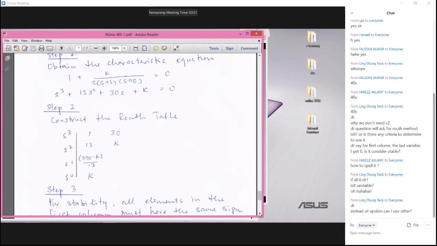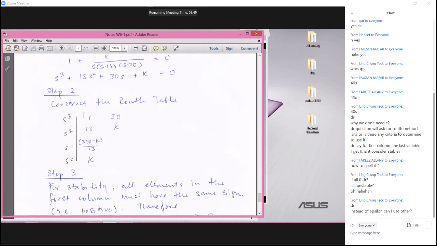For a stable system, you want all the elements in the first column to be positive. So k must be greater than 0, and k cannot be greater than 390. If k is greater than 390, then you're going to get a negative value for your B1.